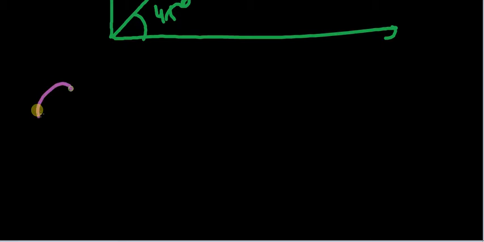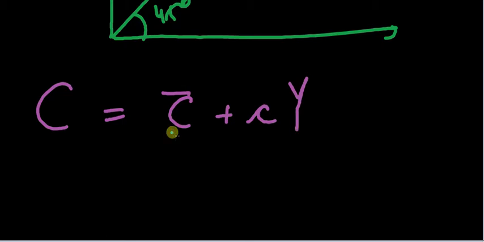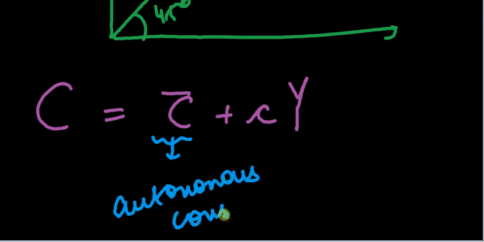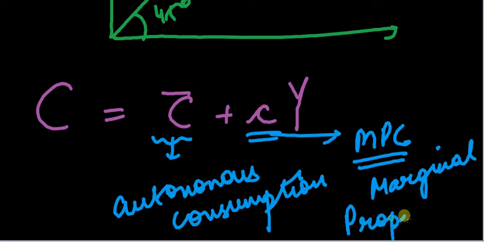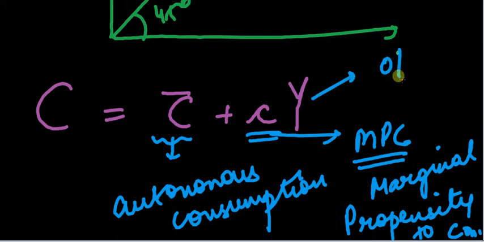The consumption function C can be written as C equals C bar plus small c times y, where C bar is called the autonomous consumption, small c is called the marginal propensity to consume, and y is the output or your income.